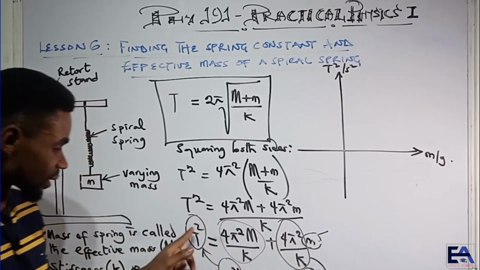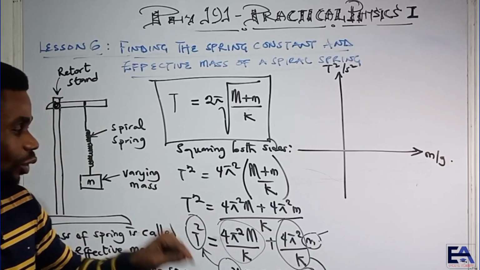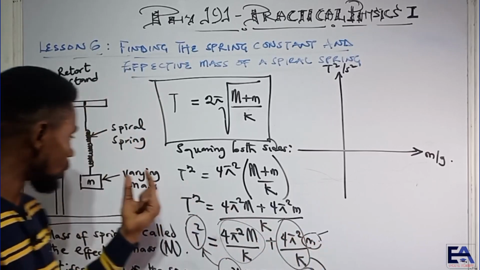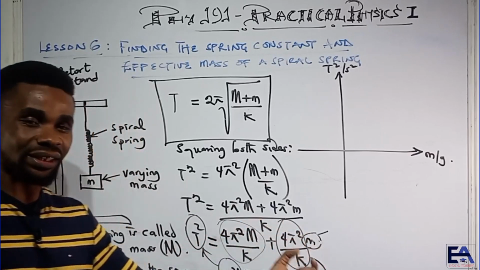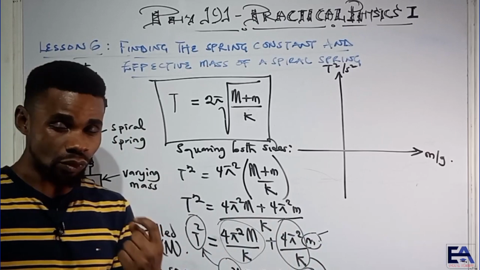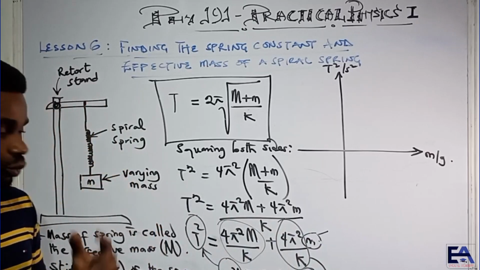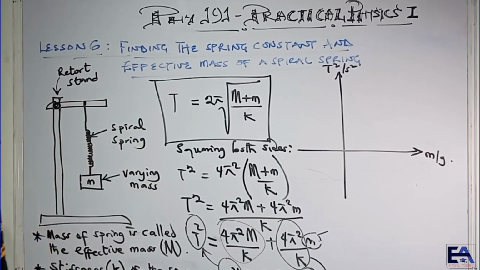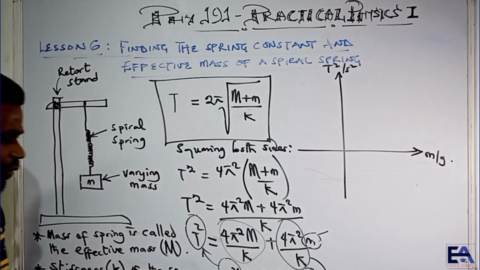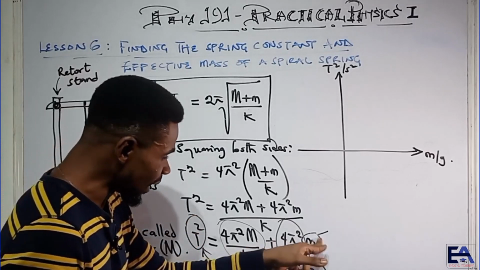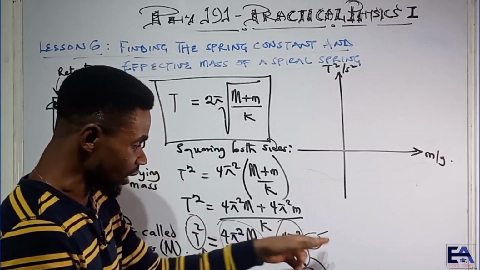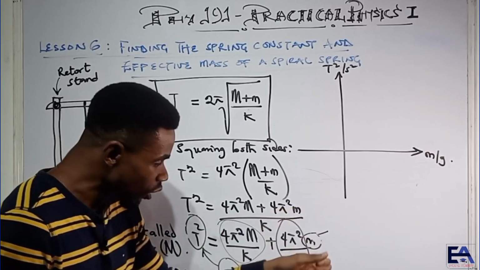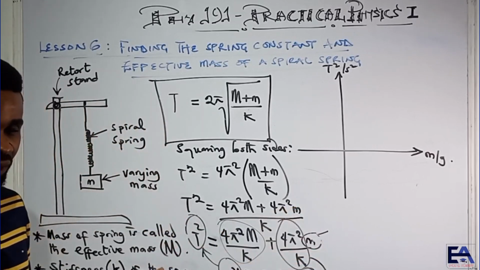But the value of t depends on the amount of mass that you hung on it, because the heavier the mass, the larger the value of t squared, which is the period. Do you understand it now? So that's how it goes. This is the independent variable because its value changes independently, but this one depends on it: whatever the value of m is determines the value of t.